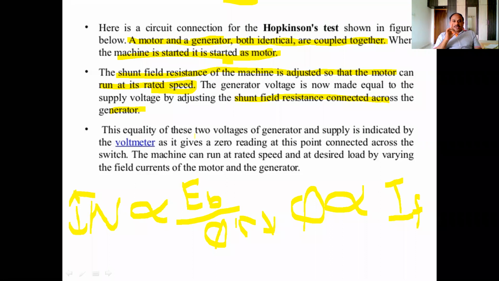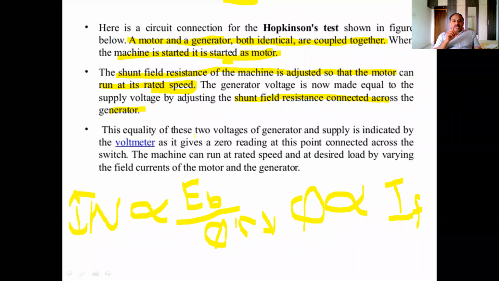If the motor runs at rated speed, since the generator and motor are mechanically coupled, the generator also runs at its rated speed with the help of the motor. Then the two machines run at rated speed.